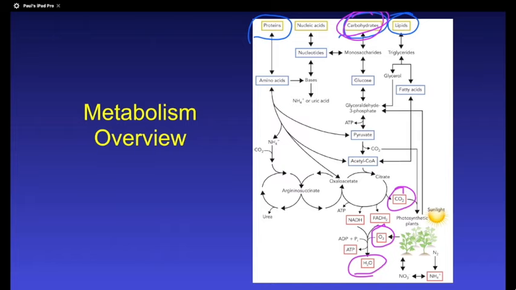If you eat way too much sugar and you don't exercise enough, what do you make? Fat. They take the carbons, a potential energy of sugar, and they put it into a carbon base, into fat, because you've overwhelmed the system and you've made enough ATP, so there's no reason to break it down. I'm going to store it. And so all of these are interconnected and can go in different directions.